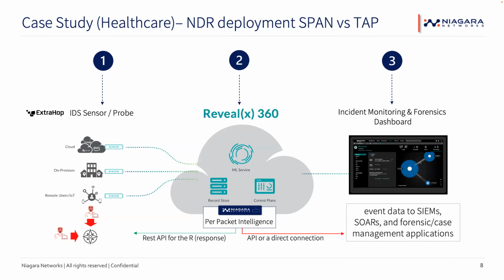So this, combined with ExtraHop's IDS and EDA appliances' ability to detect and respond to any threat anywhere in the network, ensures that this customer was protected from both known as well as the zero-day threats that are persistent for all of us.